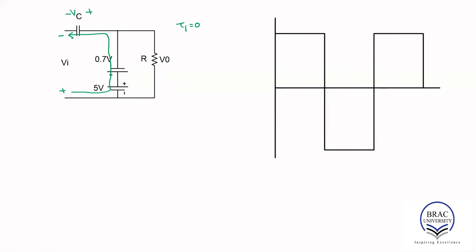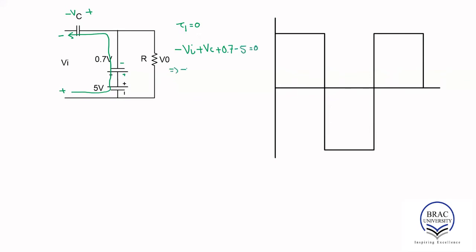Now this is Vc, which is unknown, so let's determine the value of Vc. For that, we apply KVL. Minus Vi plus Vc minus 2 plus 0.7 minus 5 equals 0.